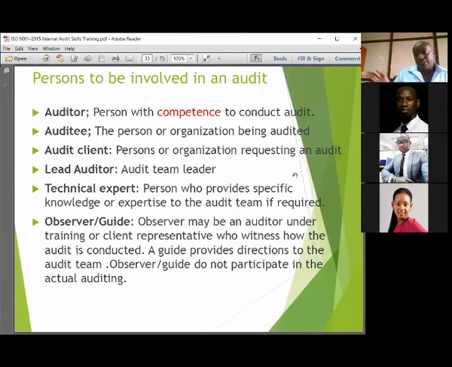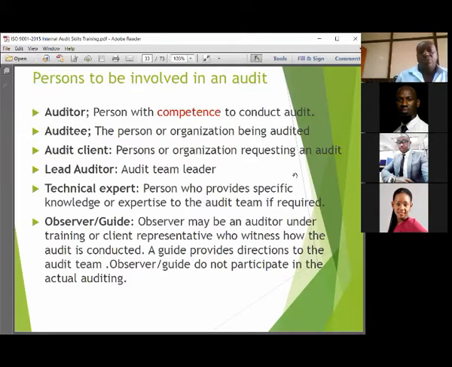Like for us, we have now the participants whom we are training. I think we are 9, I don't know. So as a way of preparing others to become auditors in future, you can welcome somebody who has never even been trained to come and be with a team, but just as an observer.